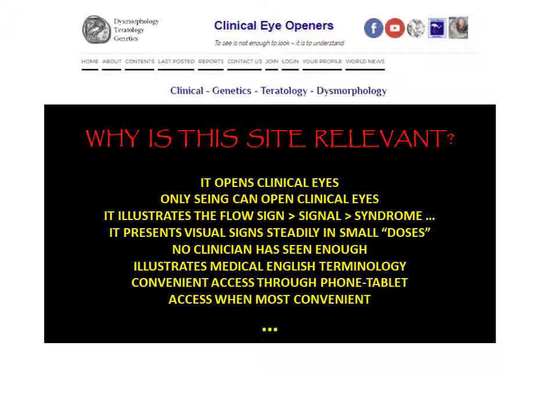And this website presents continuously, on an ongoing basis, provocative images for the purpose of showing how a sign is transformed into a signal, a cluster of signals into syndromes, and how then this is synthesized into possible diagnosis, etiology, mechanisms, and so forth.